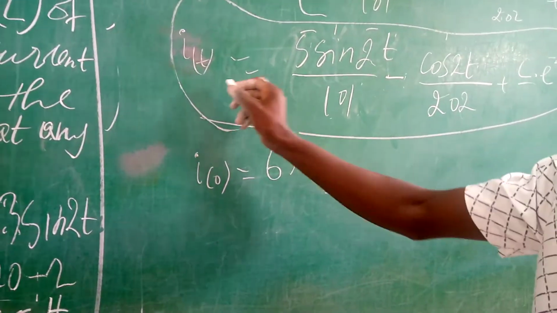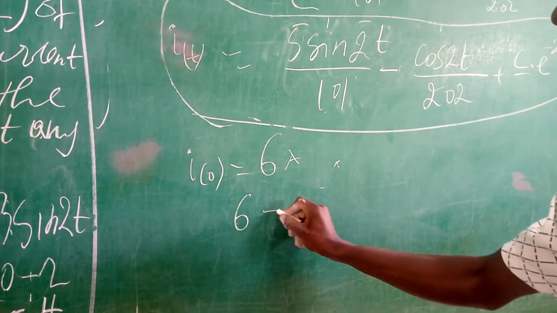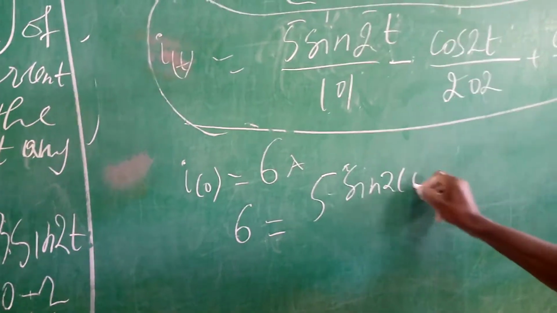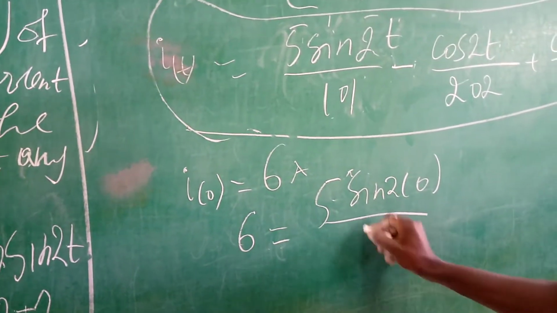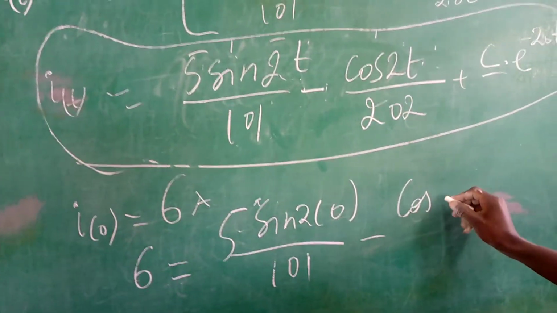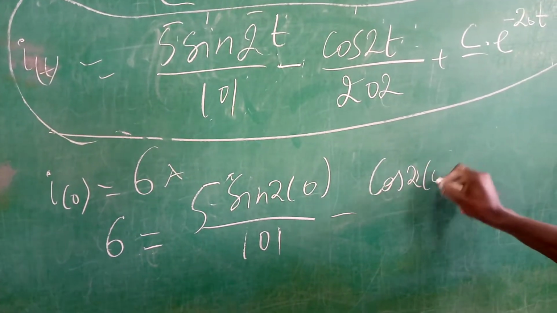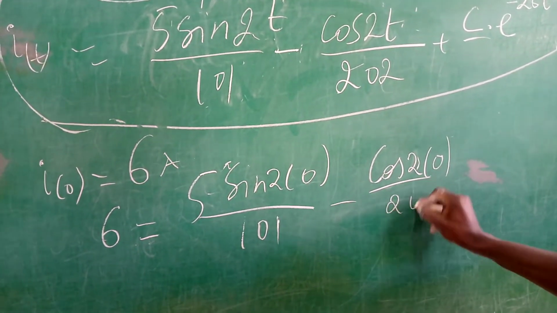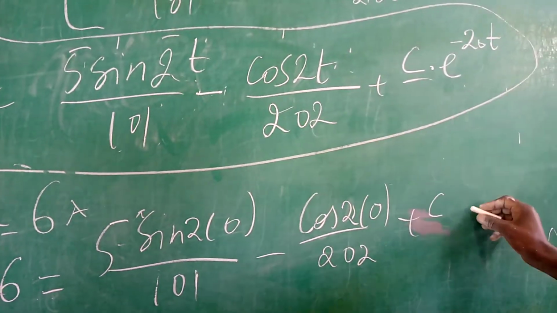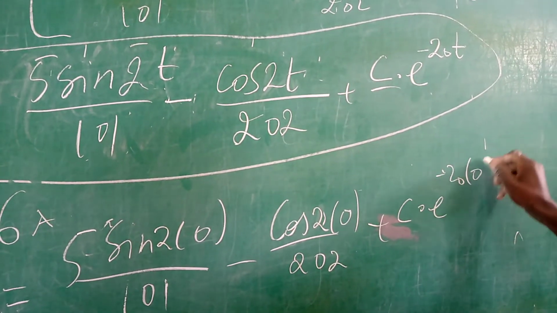So 6 is equal to 5 sine of 2 times 0 over 101 negative cosine of 2 times 0 over 202 plus c times e^(-20 times 0).